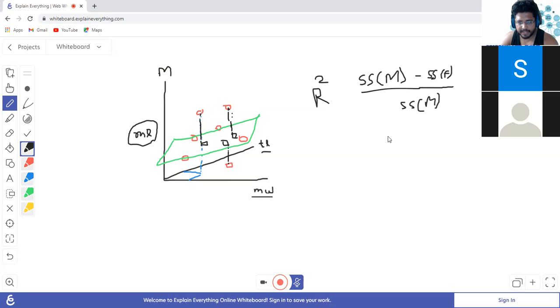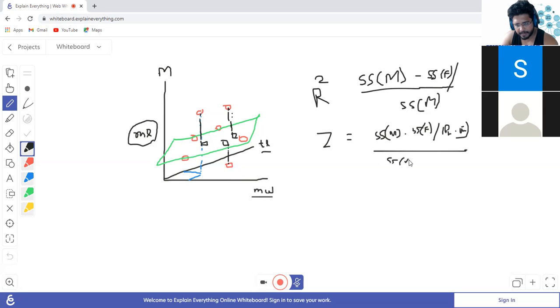Similarly, I have the formula for F also, the same formula. It will be (SS mean minus SS fit) divided by (P fit minus P mean), divided by (SS fit divided by n minus P fit).